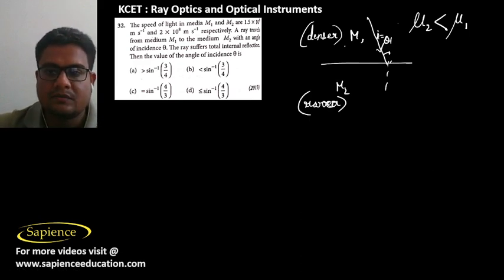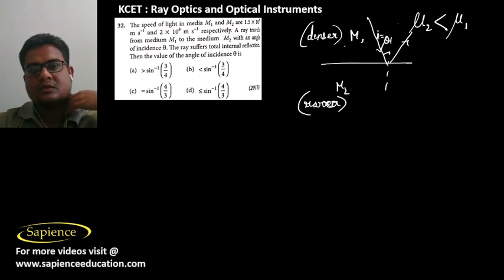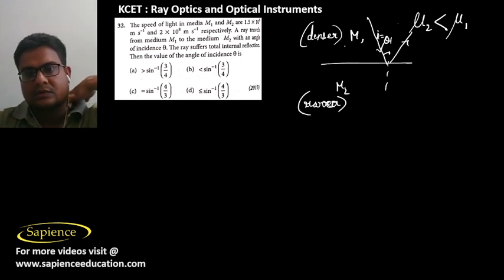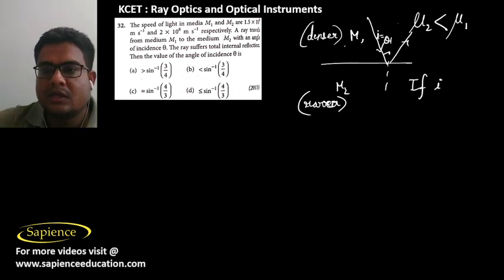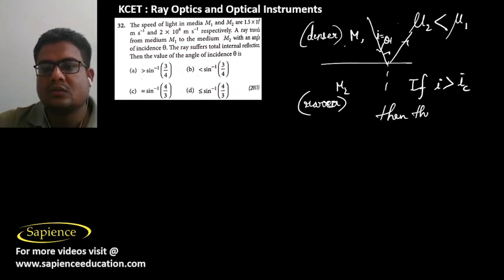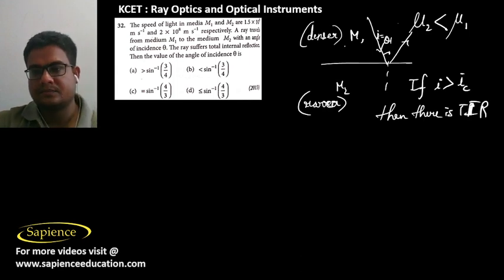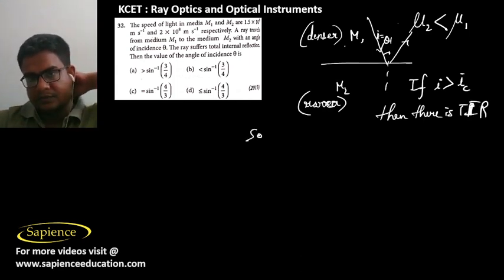Means that it will reflect. The ray, then the value of the angle of incidence theta is. So we know that if I is greater than the critical angle, then there is total internal reflection. There is TIR.